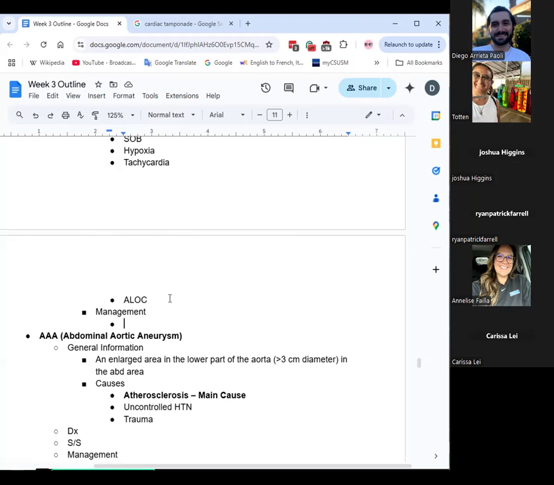What does everyone else think? Do you guys agree with diuretics? What's the rationale?